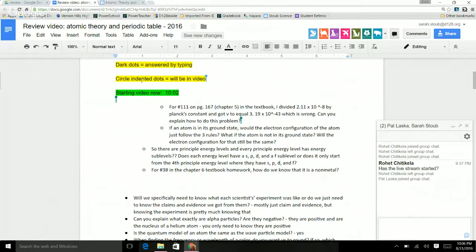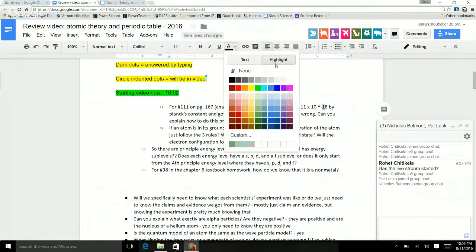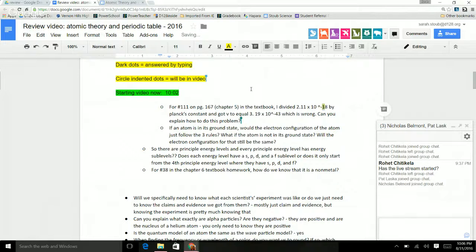Okay. So to this person who's in the question, if you can see what I'm changing here, this should be to the negative 18. So you're taking the two numbers that are in the textbook, the energy level values, and subtracting them. Let me see if I can show you a little better here.